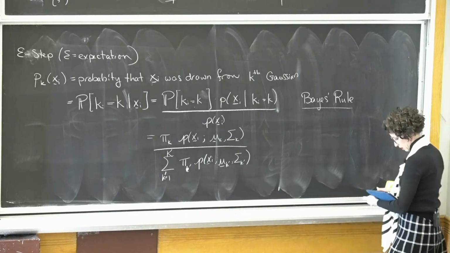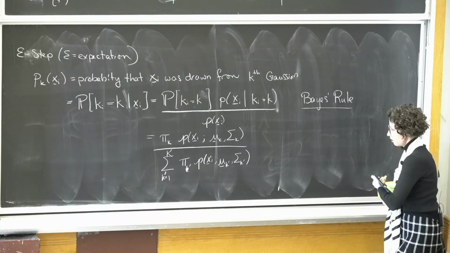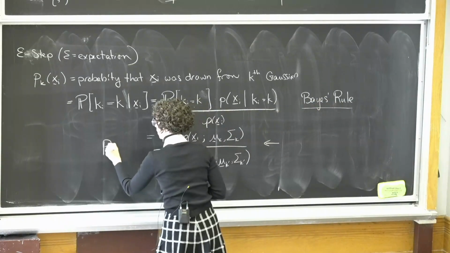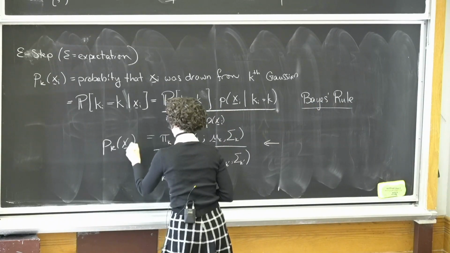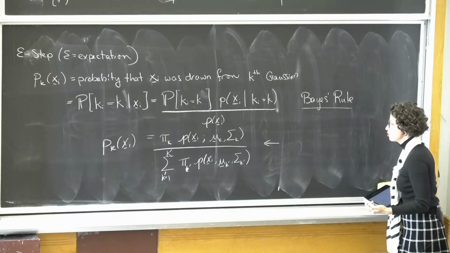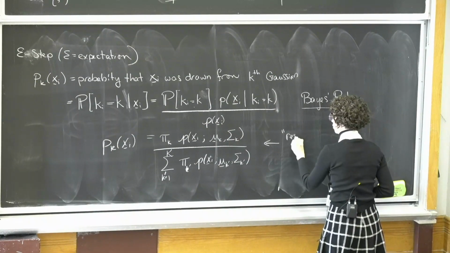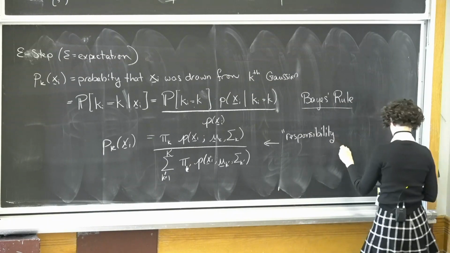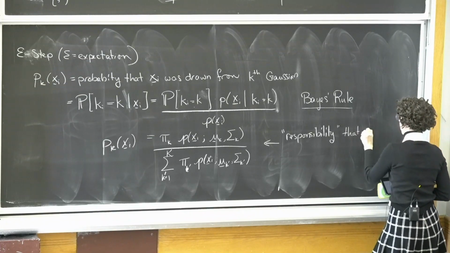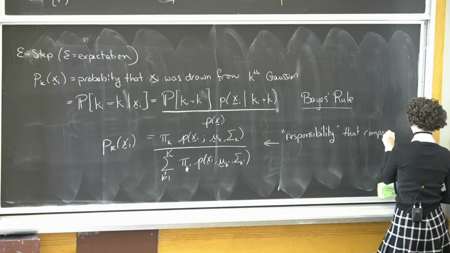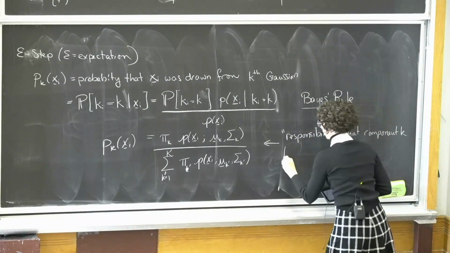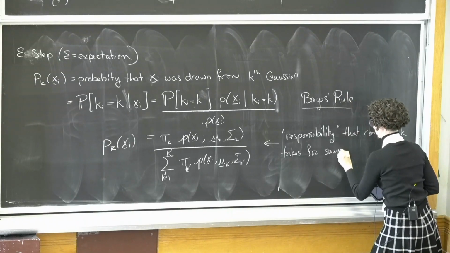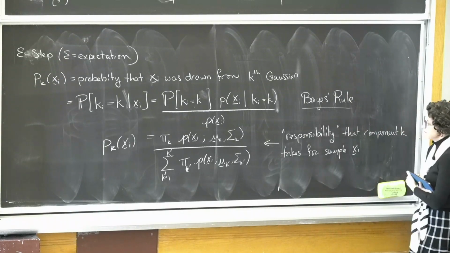Once I have this, well, first let me just say that this thing here, which I've been calling P sub k of xi, sometimes in our book and in the literature, people will call this the responsibility that Gaussian component k takes for sample or data point xi.